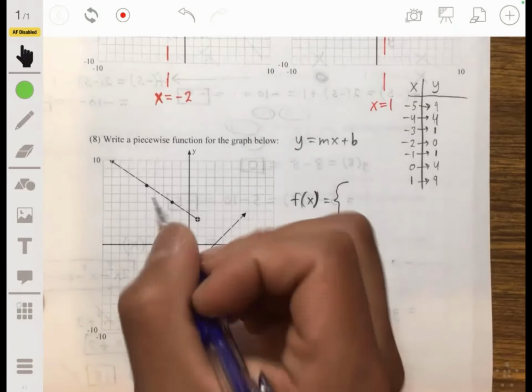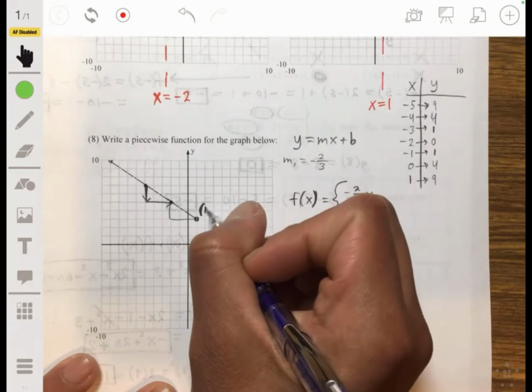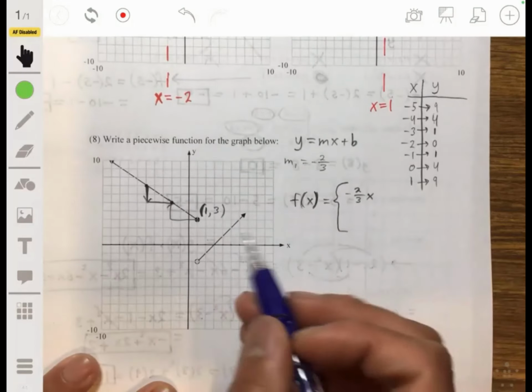So then we know negative 2/3 x, but then we have to solve for the b part. And if you're worried about making a mistake with looking at the graph, then just calculate it. We know it goes through 1, 3.